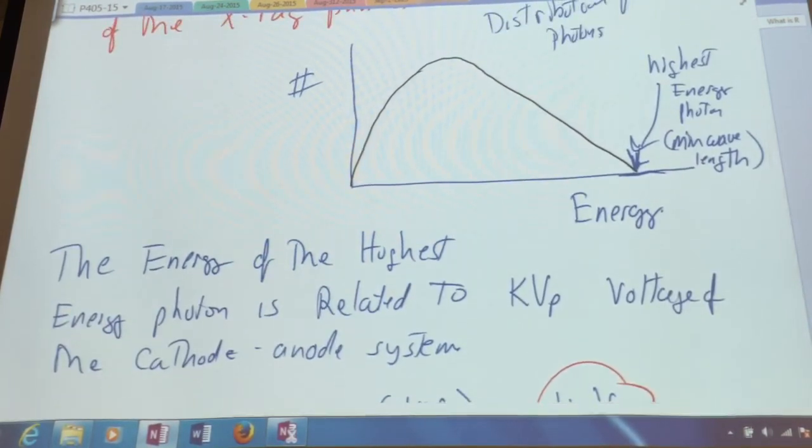Total area under the curve. Anyone take calculus in here? Oh, good. Not that we have to calculate it, but that's what calculus is all about, calculating this stuff. We're calculating this area under the curve. Well, we're not going to calculate it, but we're interested in it.